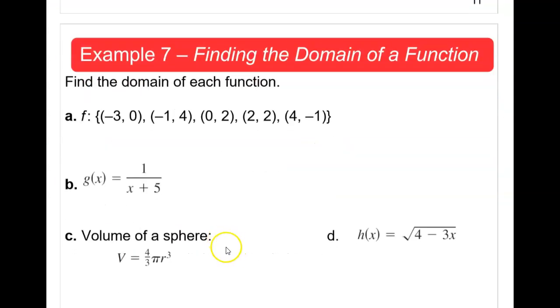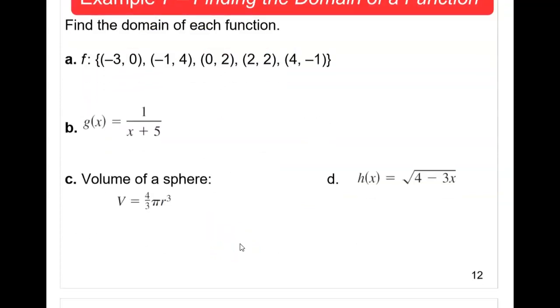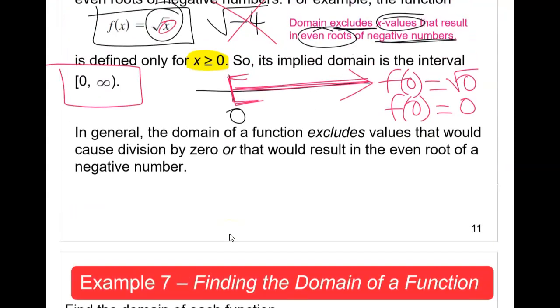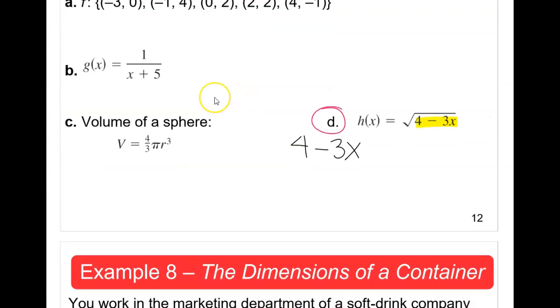So we're going to do some examples here. Let's start with D, since it's the last one we did. So we take what's inside the radical, which is 4 minus 3x, and we want to set an inequality similar to the one we have here, greater than or equal to 0.